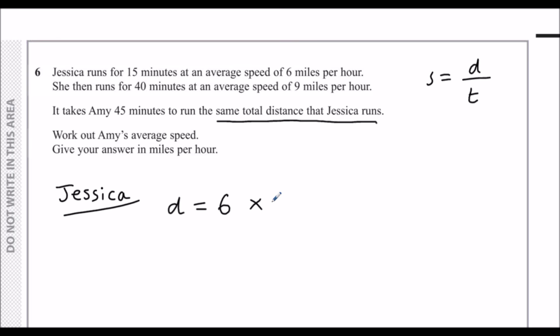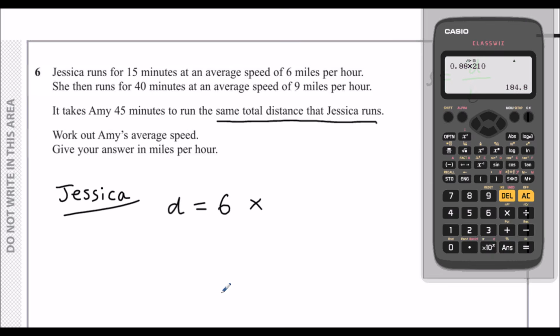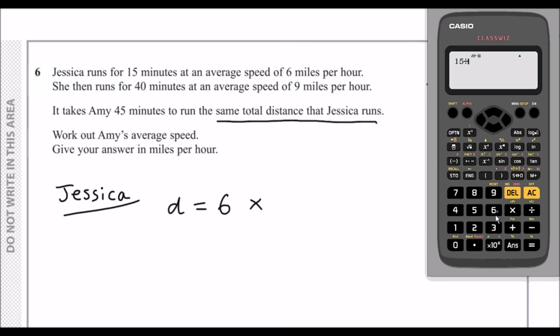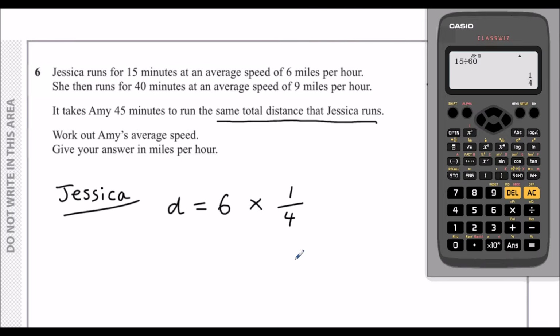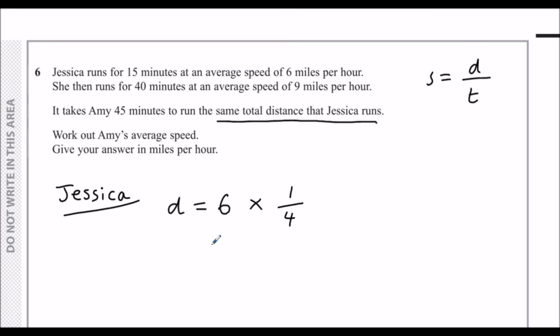How much of an hour is 15 minutes? It's a quarter of an hour. It's 15 sixtieths of an hour, which is 1/4 of an hour. So 6 miles per hour for a quarter of an hour, a quarter times 6 is 1.5. So that'd be 1.5 miles.